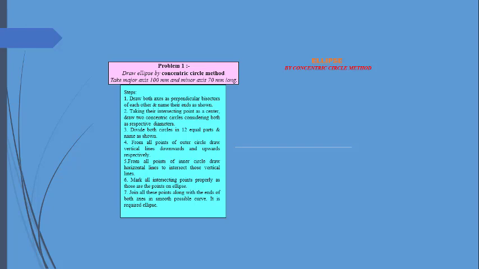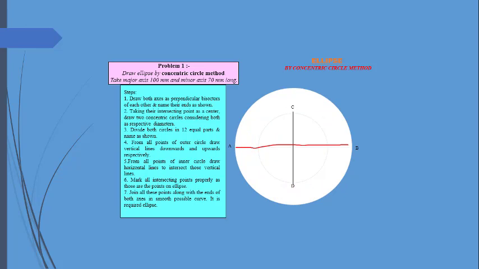So we will first draw a line that is the major axis of 100 millimeter length, and the other axis, that is the minor axis, of 70 millimeter length. We will name it ABCD. First we will draw a circle of radius 35 millimeter or diameter 70 millimeter, and the other circle of 100 millimeter.